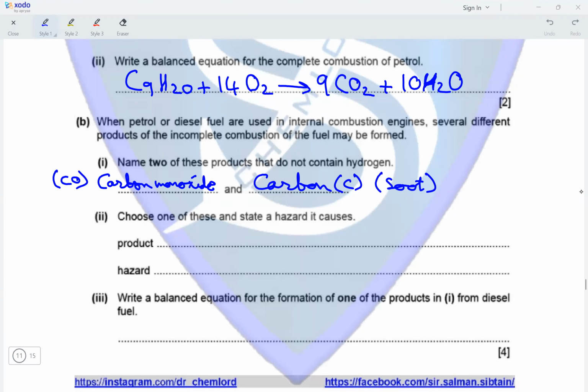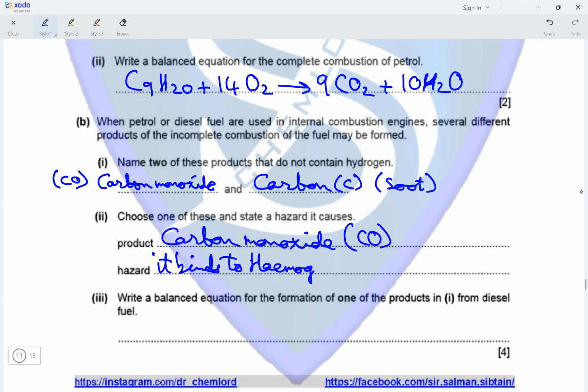Choose one of these and state a hazard it causes. So, the product would be carbon monoxide, and the hazard that it causes is it binds to hemoglobin and prevents the uptake of oxygen in the blood of humans.